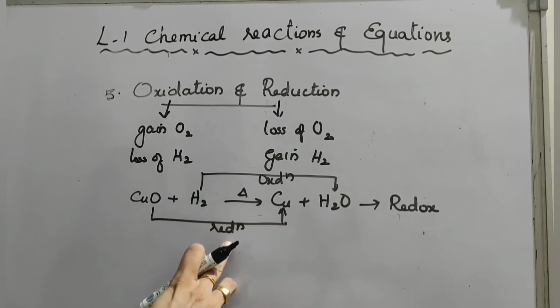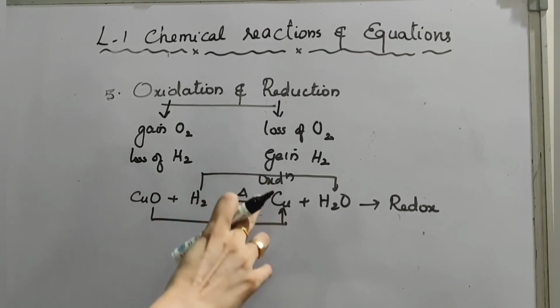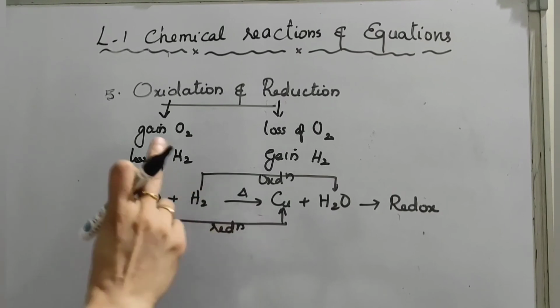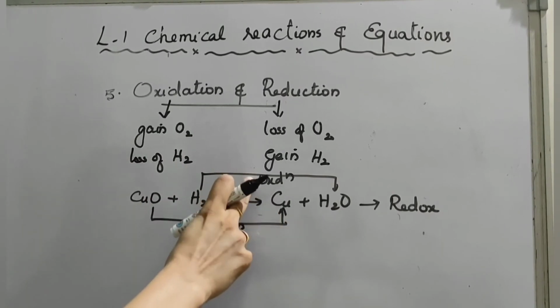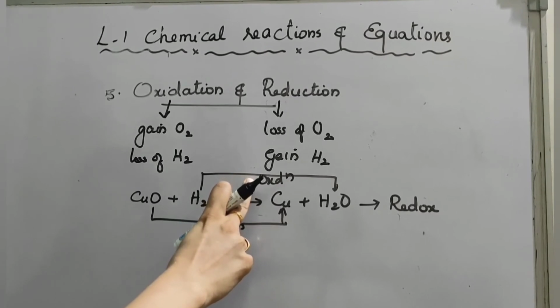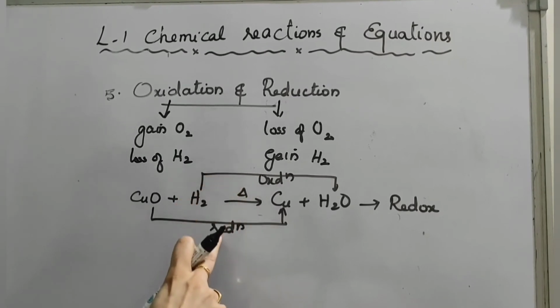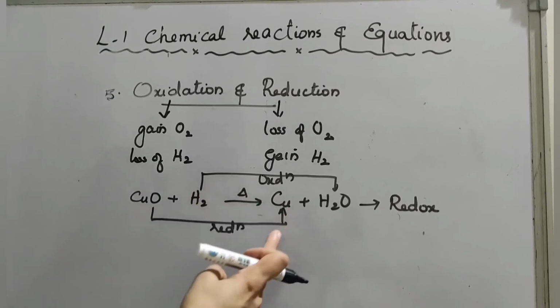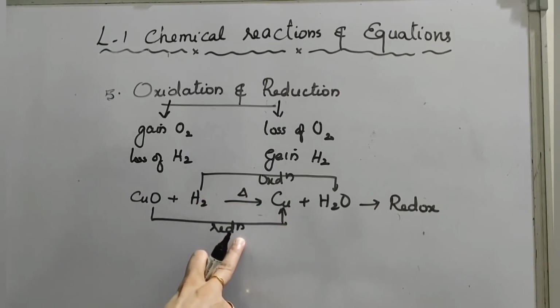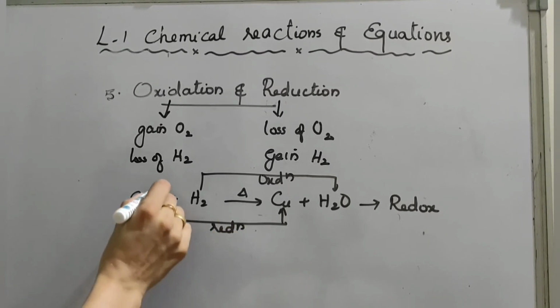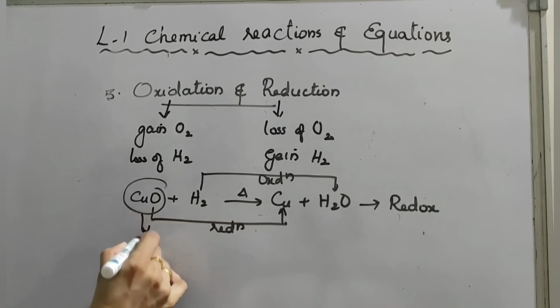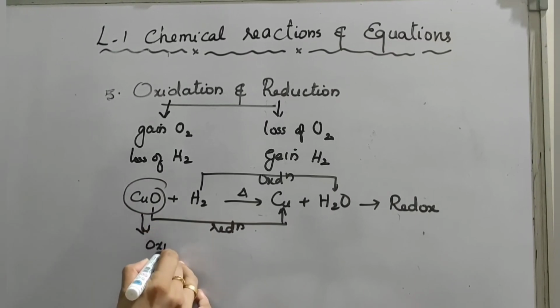Here reduction happens, and here oxidation happens. A substance which can bring about the oxidation of other substances is known as an oxidizing agent, and a substance which brings about the reduction of other substances is known as a reducing agent. So in this case, reduction has happened to copper oxide, so copper oxide is the oxidizing agent.